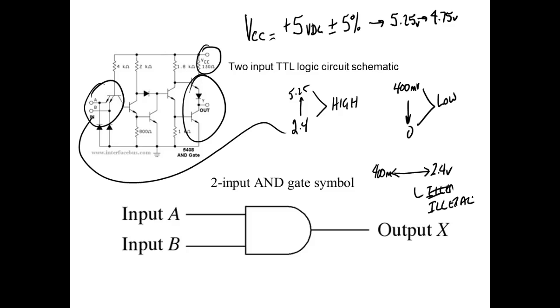And that's important to know, because if the input is sitting down here at 2 volts and you say, well, it's high, and the output is not responding, right? You understand? You replace the chip, and it does the same thing.